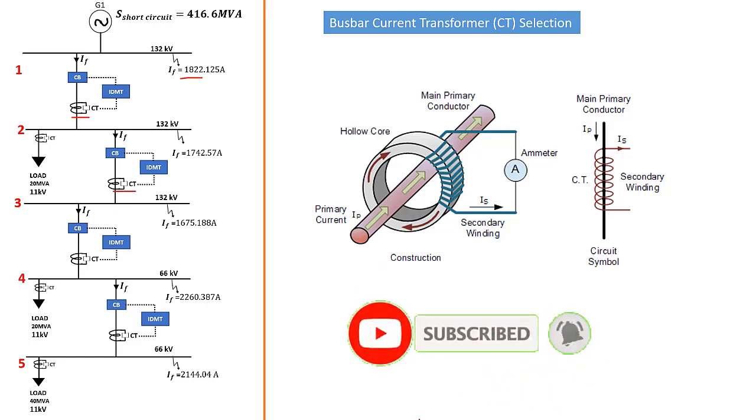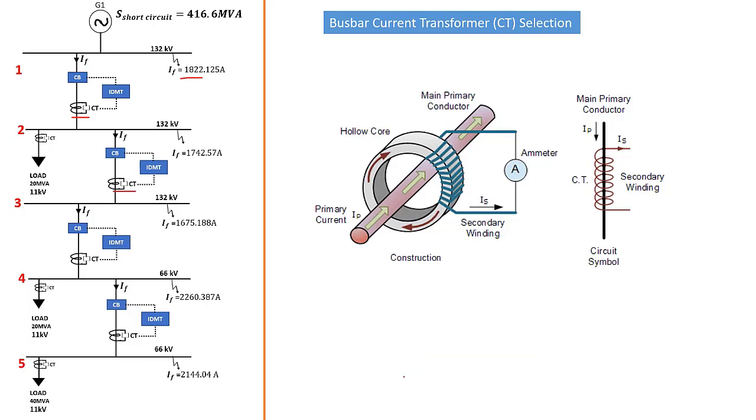Okay, so what is a current transformer? A current transformer, as we see here, this is basically a physical representation sort of, but this is an electrical symbol. Now, a current transformer is a measuring device.